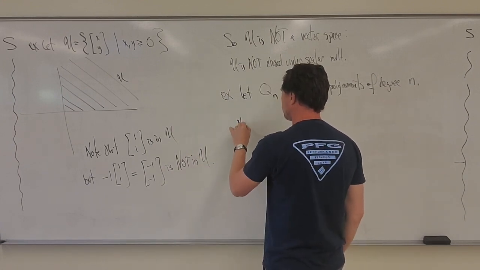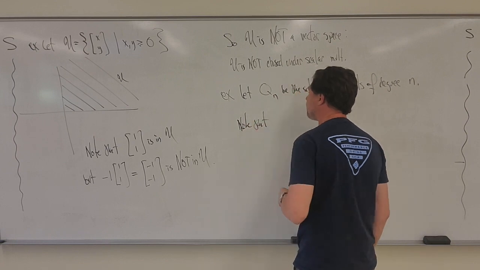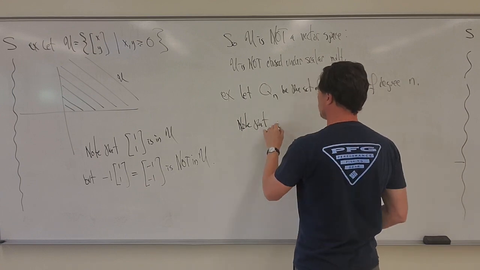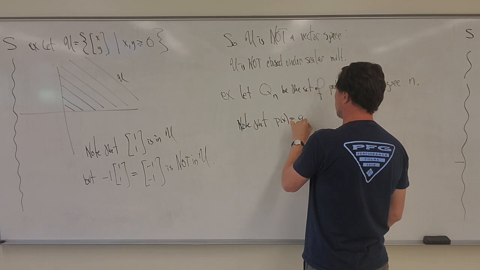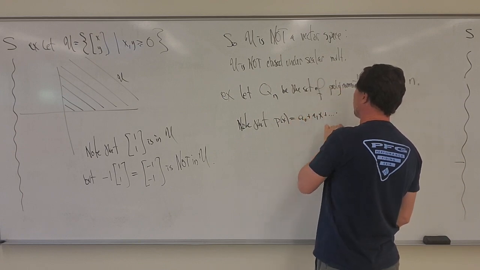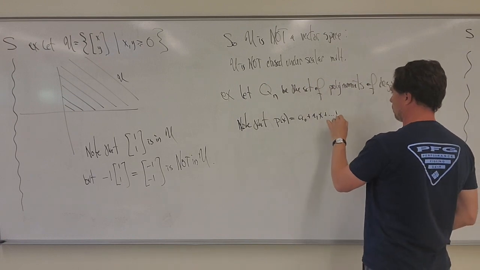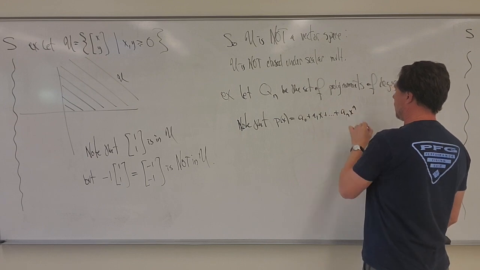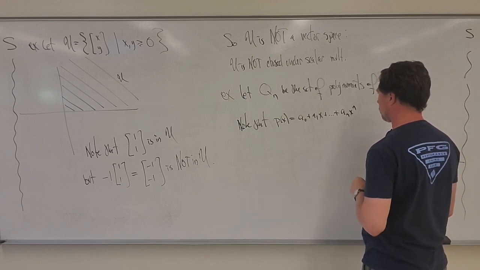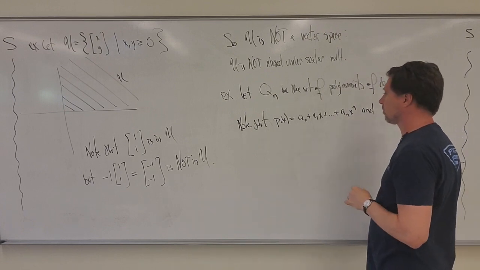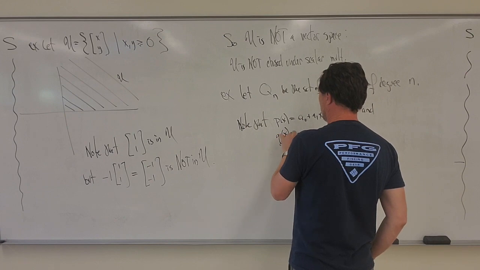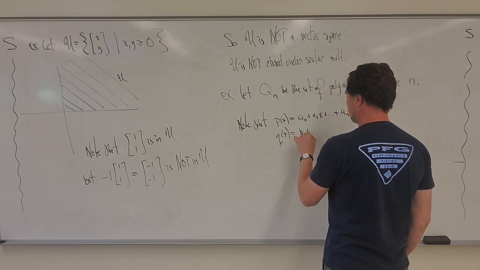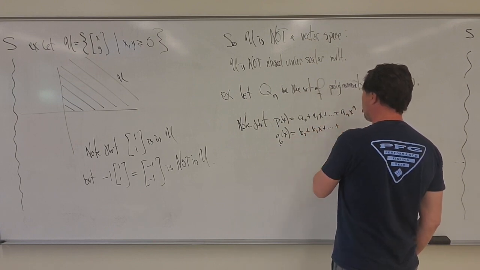So note that, let's call it p of x. And that's going to be a0 plus a1x plus dot dot dot plus an x to the n, and q of x equal to, it doesn't really matter here, I'm just going to use any b0 plus b1x plus dot dot dot plus.